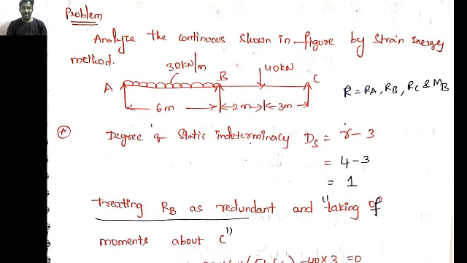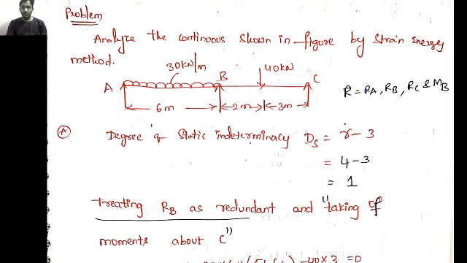But what about the reactions for this particular case? Just listen here. At A we get reaction RA, at B reaction RB, and at C reaction RC. Along with these, one more moment appears at joint B, that is MB.